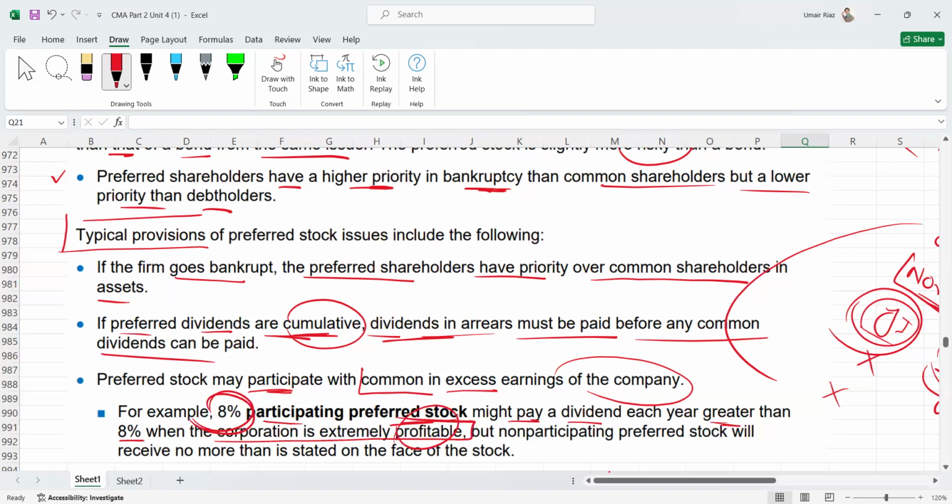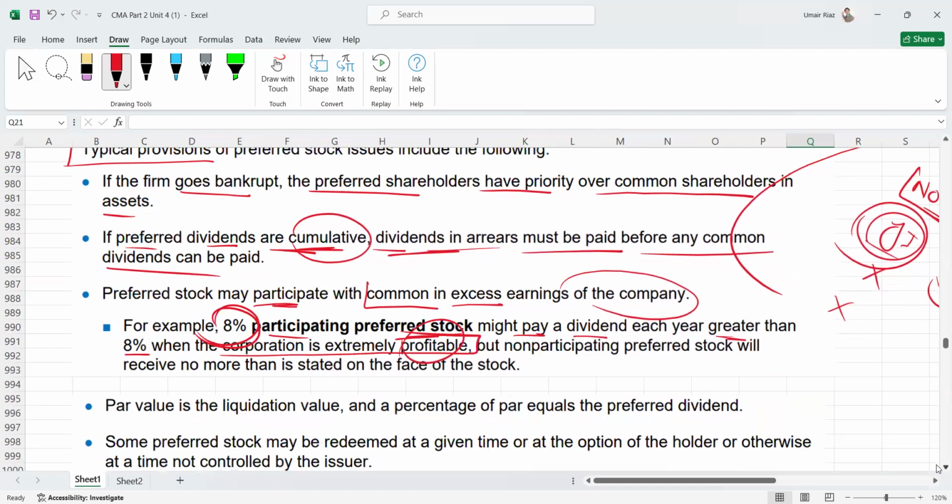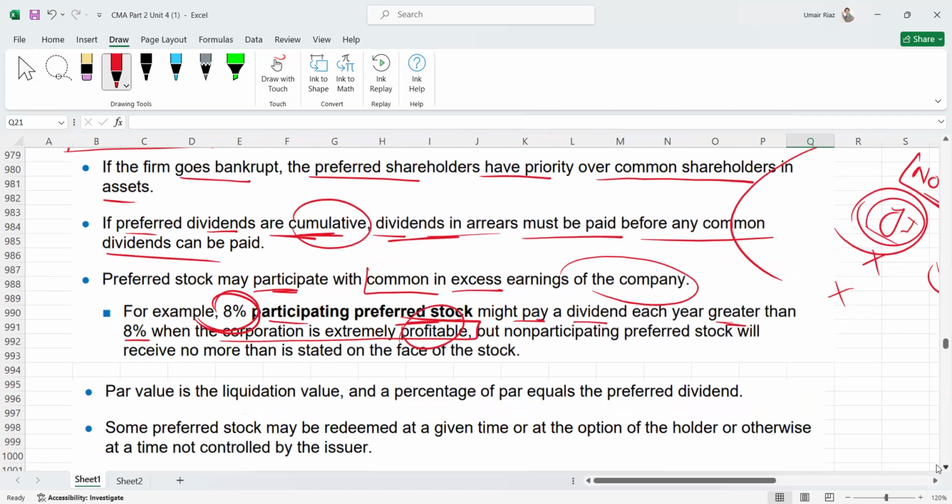This type is called participative preferred stock. You should remember that preferred stocks could be redeemable or irredeemable, cumulative or non-cumulative, participative also. And please make sure that dividend payment is not a legal obligation, even on preferred stock, unless it is declared.